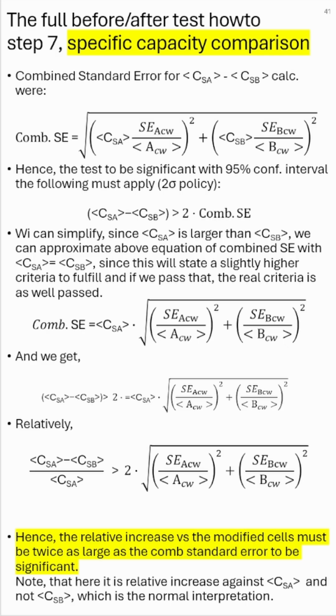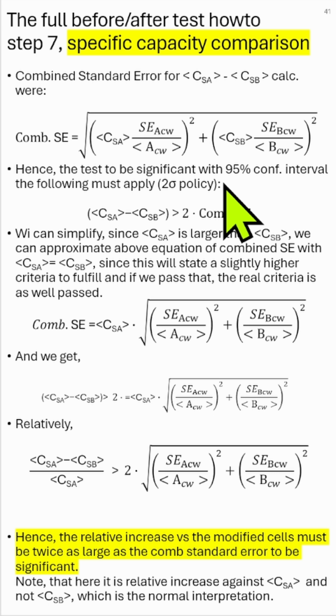So we want to take the mean value of the calculated specific capacity for the after set, after electrode modification, minus the mean value of the specific capacity for the before modification set. We already showed how to do the combined standard error of that difference. That is that sum of that Pythagoras of each standard error of specific capacity.